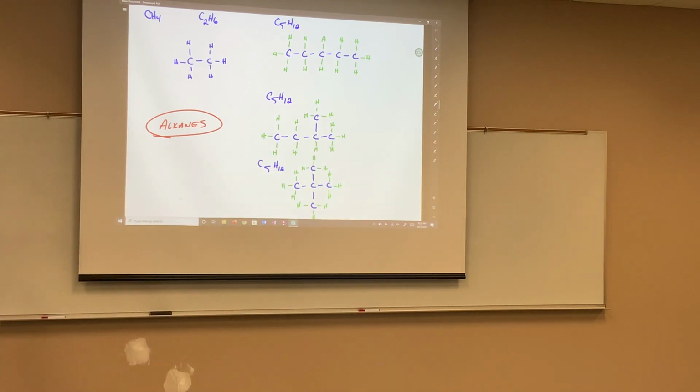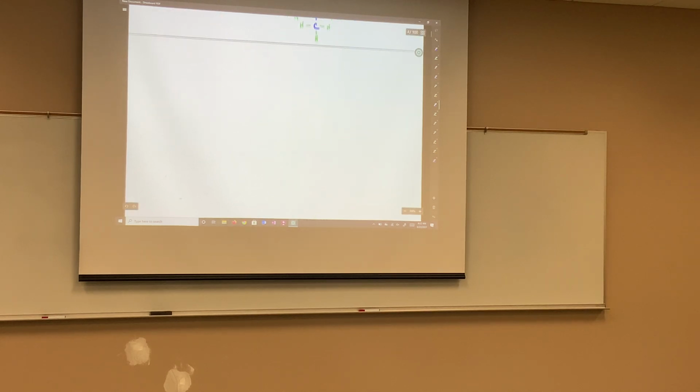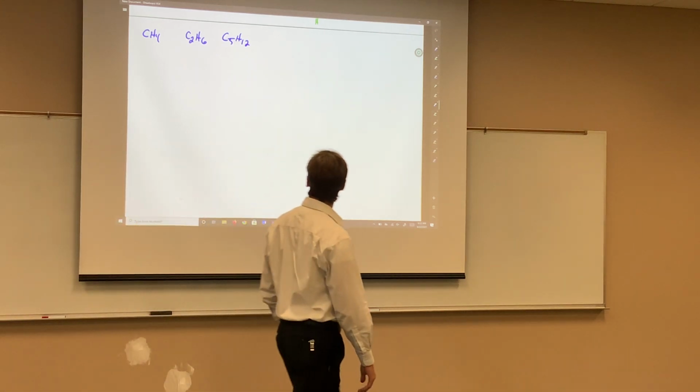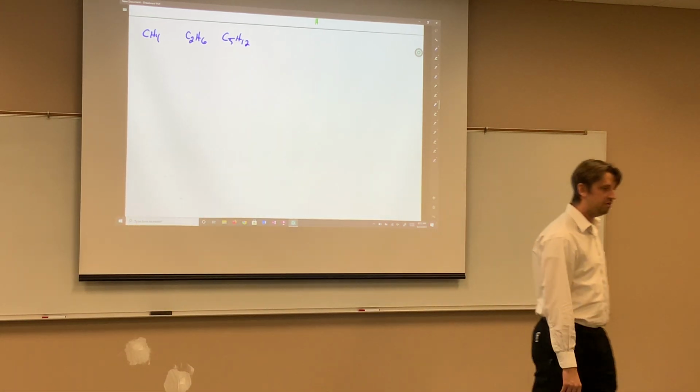Let's think here for a second. A couple of points to make. I'm just bringing down stuff from the previous page, so you don't have to worry about necessarily recopying everything. Okay, so we went through and drew the structure for these three compounds: CH4, C2H6, C5H12.